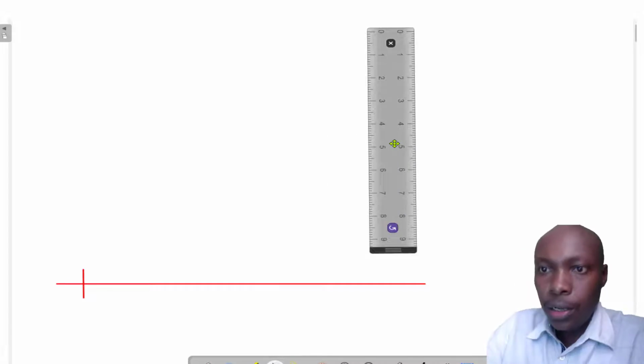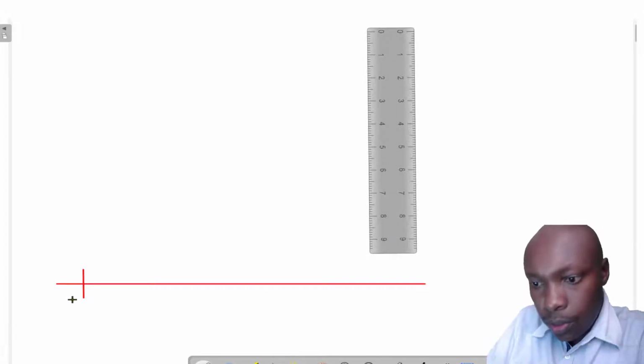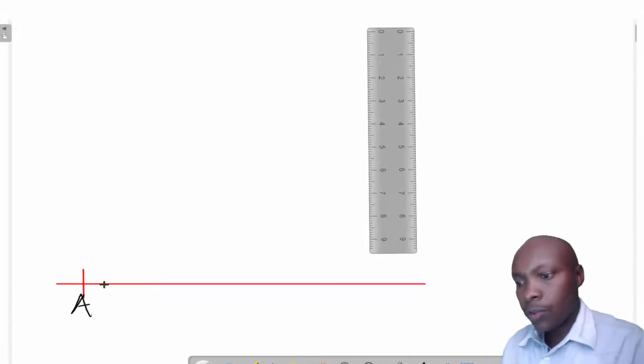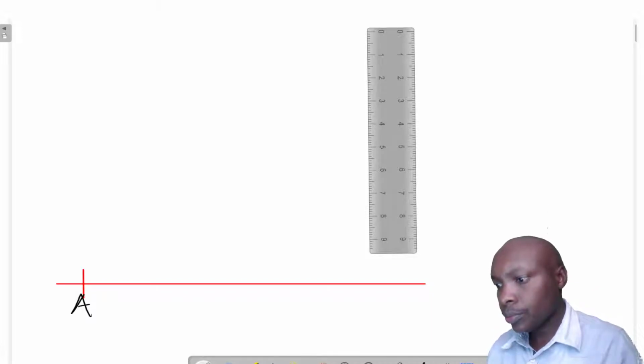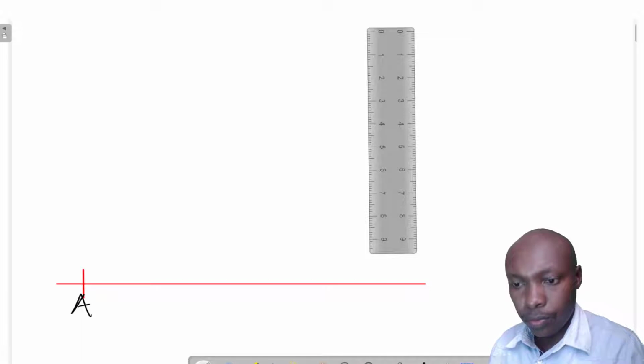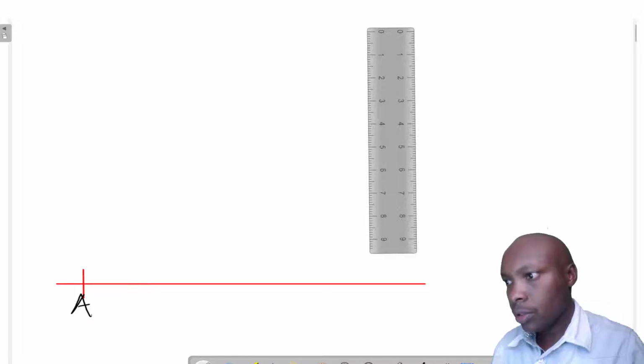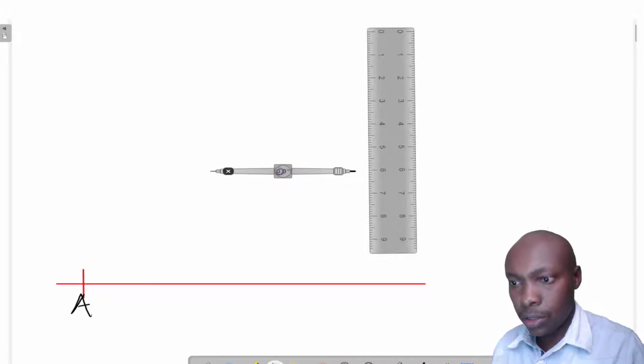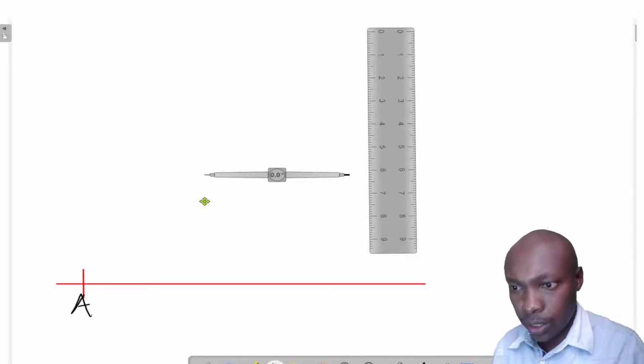Let me label this as my point A. From there I'm supposed to measure 8 kilometers. I'll need a compass in this case, so let me use a compass to do that. Let me extend these.